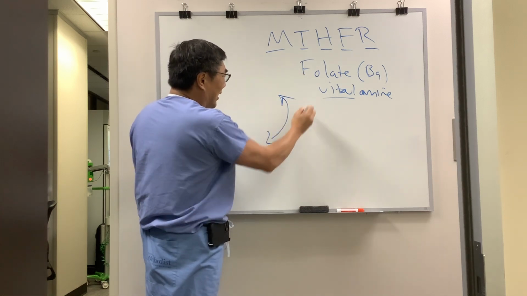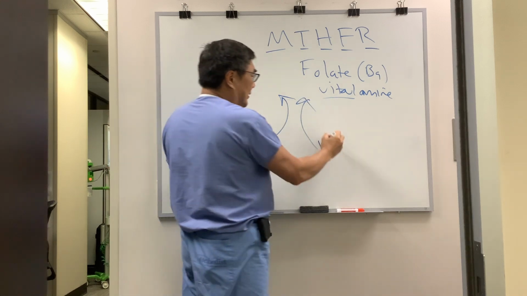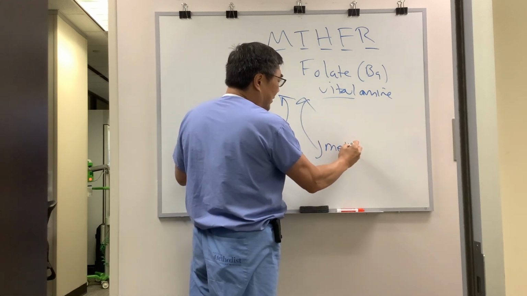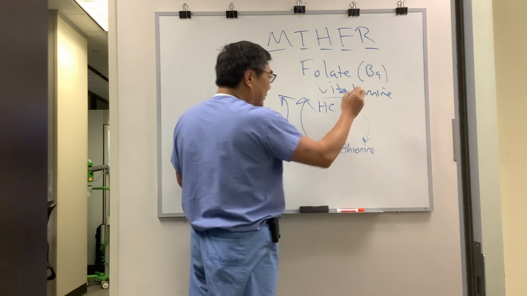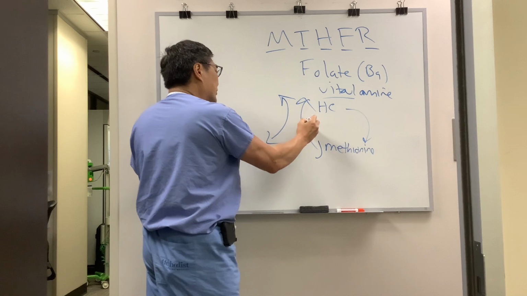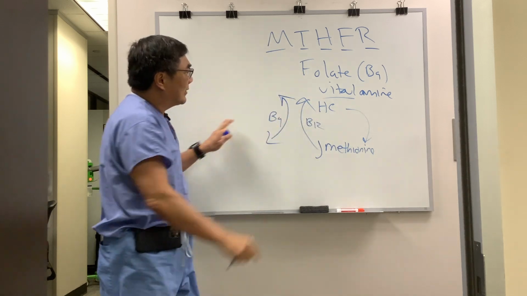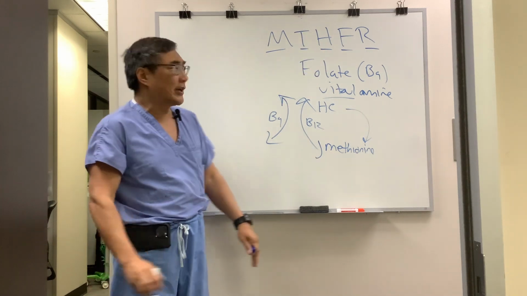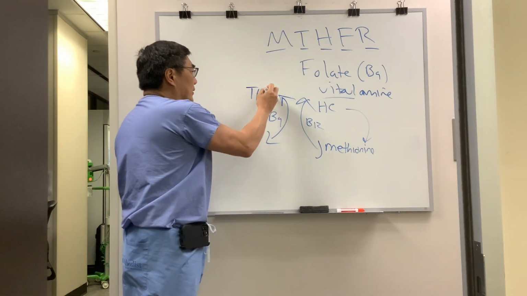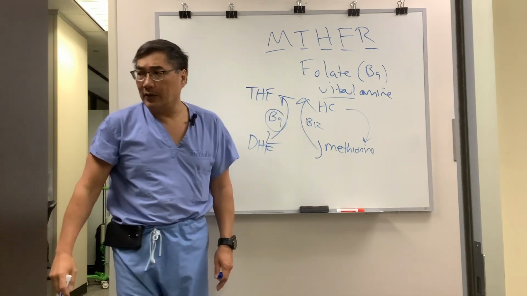a number of metabolic processes, but the one that applies to us in ophthalmology is the conversion of methionine to homocysteine and back around. And that requires both B12 and B9 because the methyl donor is mediated by the enzyme methylenetetrahydrofolate reductase in the conversion of tetrahydrofolate to dihydrofolate, and that requires the vitamin folate.